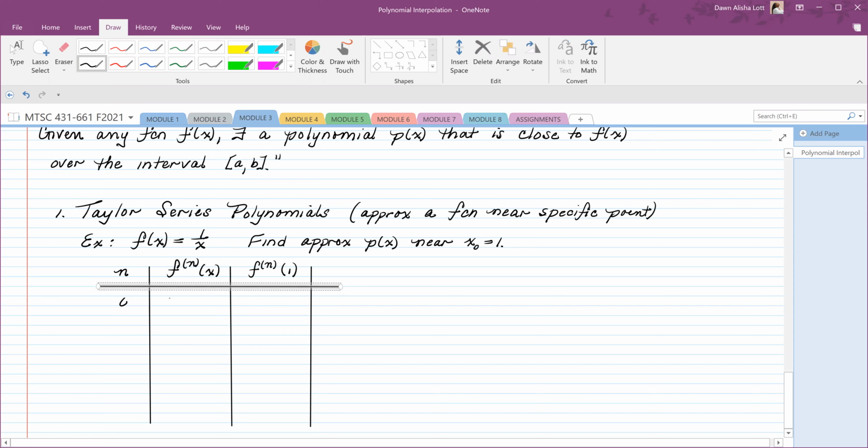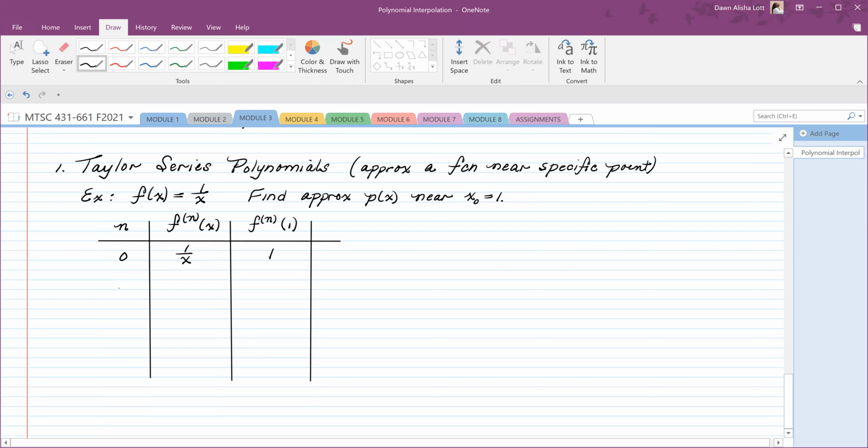So we fill out this chart. And the 0th is just 1 over x, or x to the minus 1, and this is 1. The next one is the first derivative. So the first derivative is minus 1 over x squared. And this is negative 1.